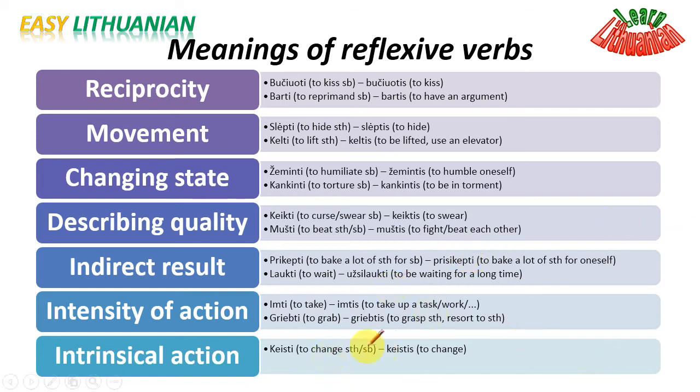Or this is an intensive action, and that's why this is a reflexive verb. You'll notice that, and you'll learn those verbs easier. There are many of those verbs, and I hope this video will make the learning easier for you.